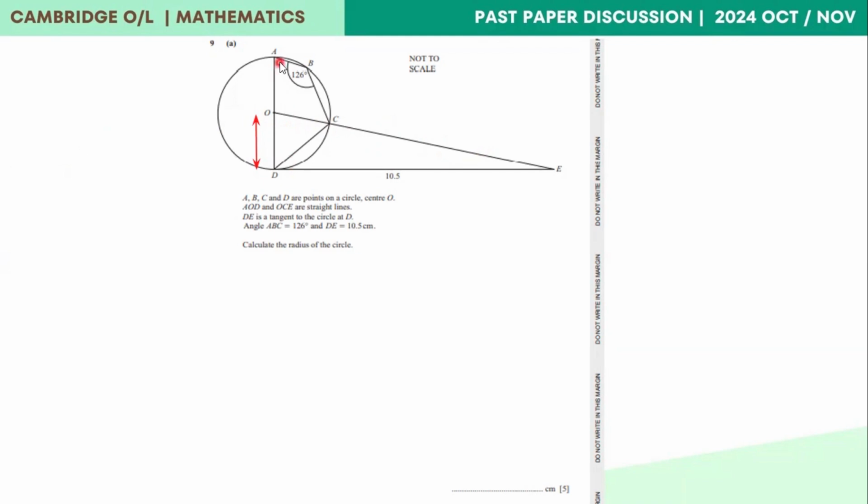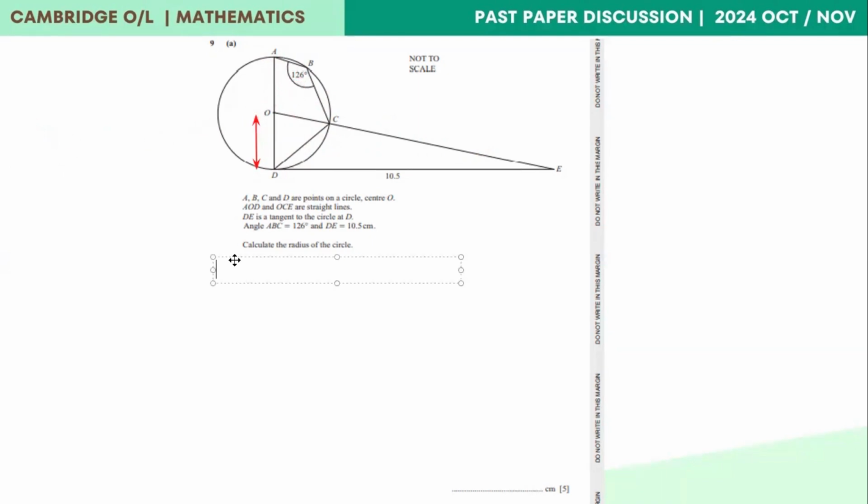As you can see here, ABCD is a cyclic quadrilateral. So angle ADC will be equal to 180 minus 126, because of angles in a cyclic quadrilateral.